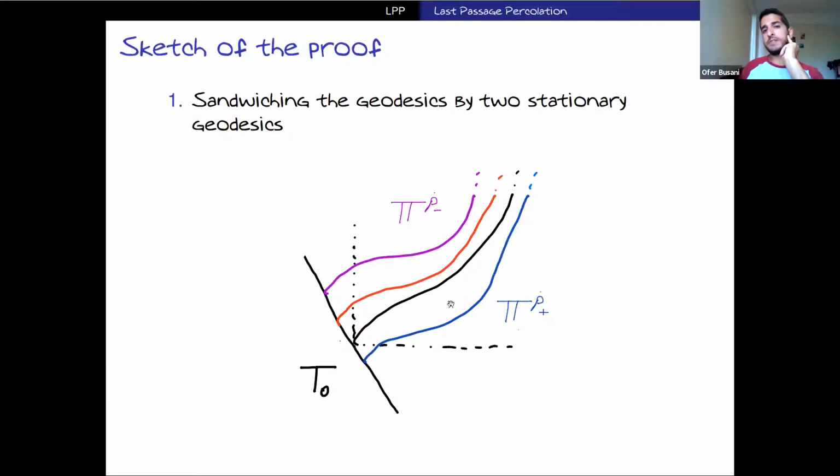The first thing to do is to take two other stationary geodesics in such a way that, with high probability, they're going to sandwich the stationary 1/2 one, the red one, and the point-to-point geodesic. So we're sandwiching the two, no matter where we go inside the box B delta.